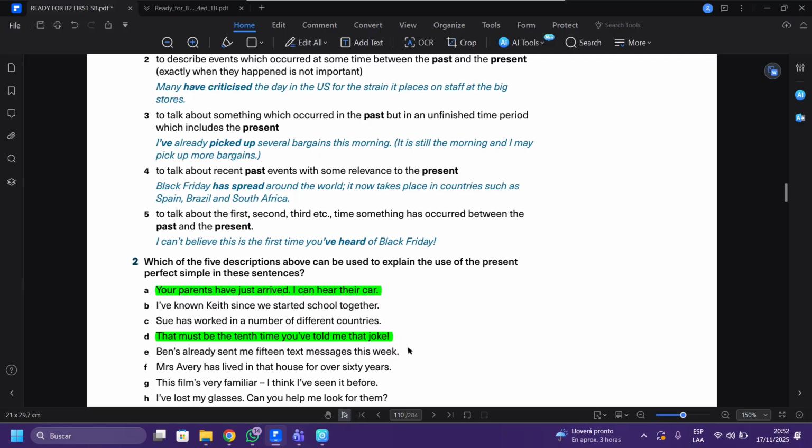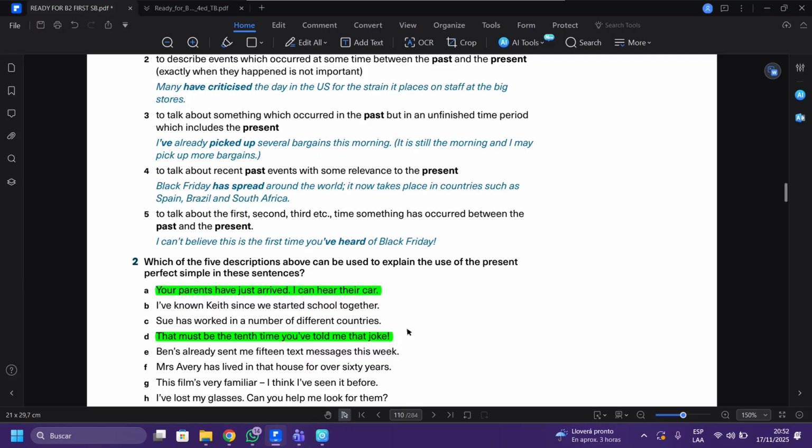Number 3. Yes, something that occurred in the past, but in an unfinished period of time, which includes the present. Yes, because it says that Benny has already sent me 15 text messages this week. In some way, it is up to the present.